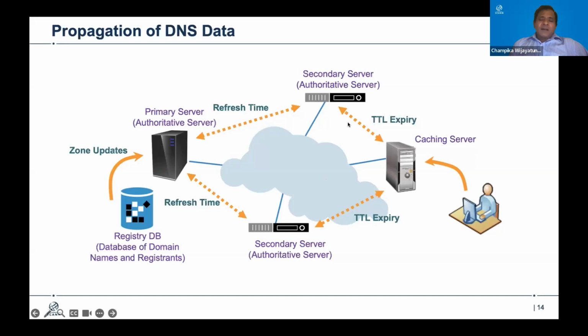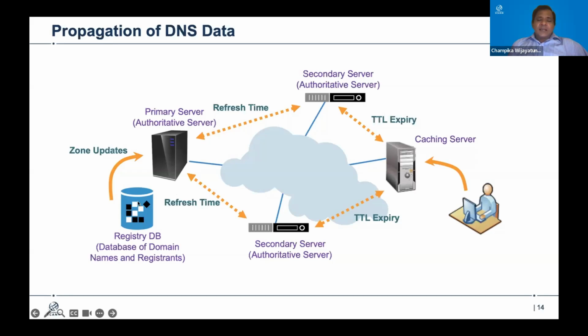So if different infrastructure and different servers keep this data, it takes time to propagate it from one place to another. Now, the zone file is updated by the primary administrator, the primary server. This update can happen through a registry database.